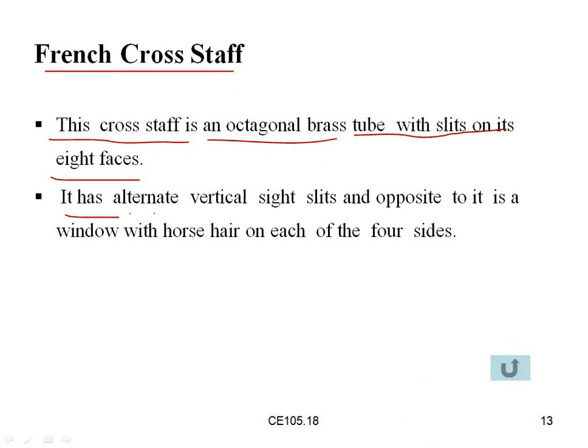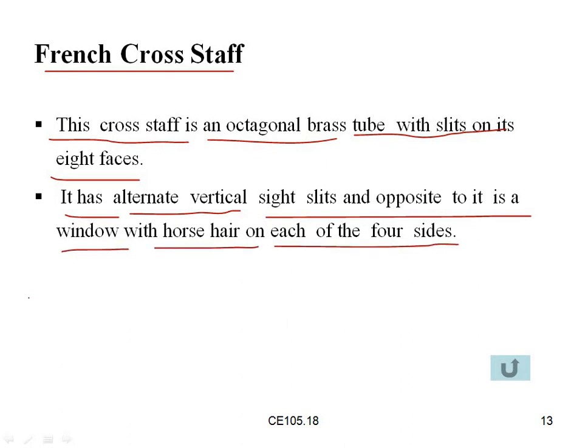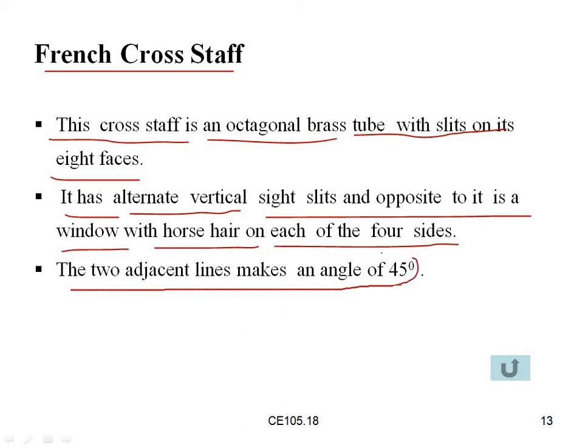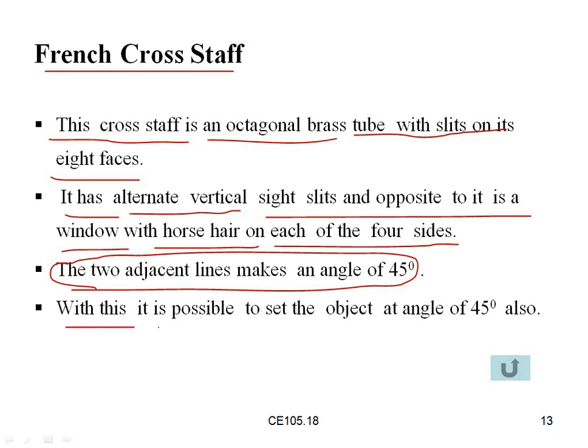It has alternate vertical side slits, and opposite to each is a window with horsehair, on each of the four sides. Two adjacent lines make an angle of 45 degrees, so with this it is possible to set out an object at an angle of 45 degrees also.